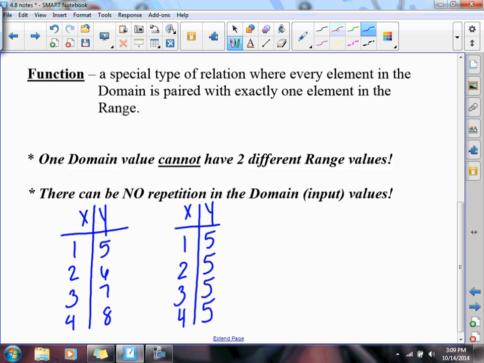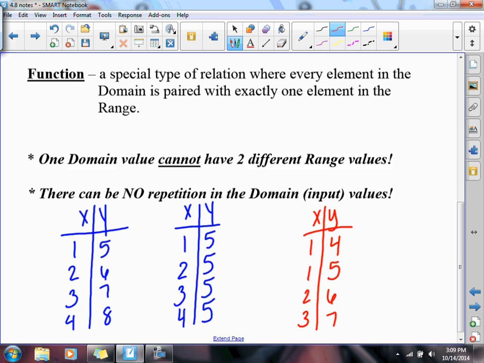Those are functions. What's not a function is when you have a repetition in your x column, where you might have a 1, 1, 2, 3. And so then the 1 gives you a 4 and the 1 gives you a 5. That's not possible. That's one button giving you a 4 and then that same button giving you a 5. That can't happen.